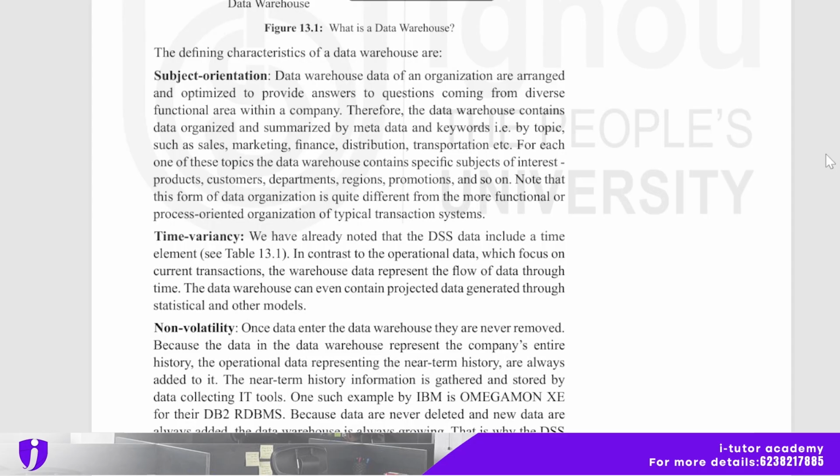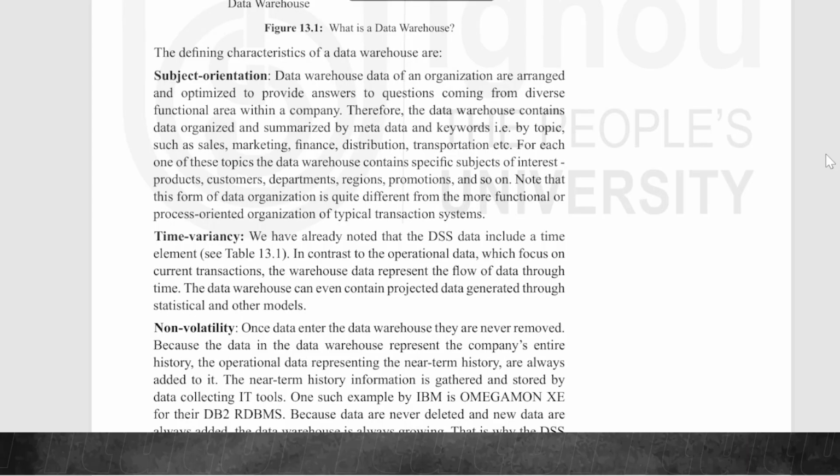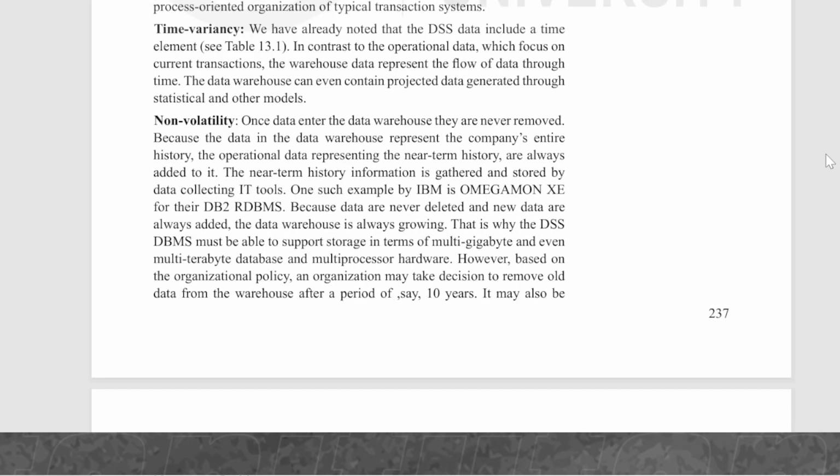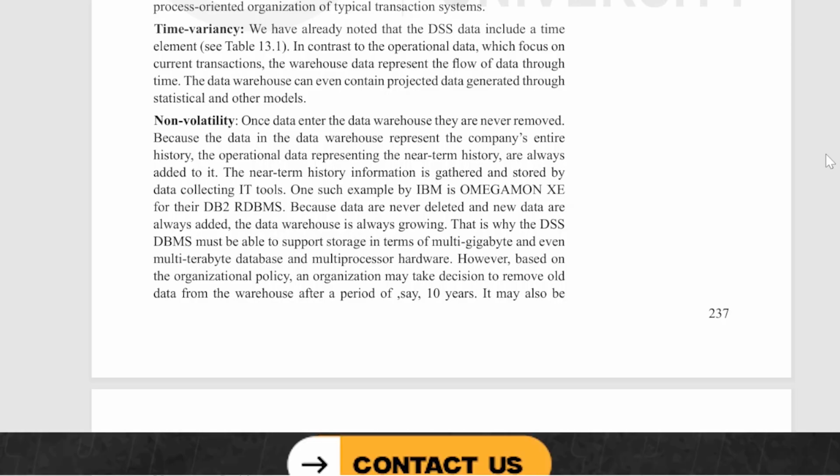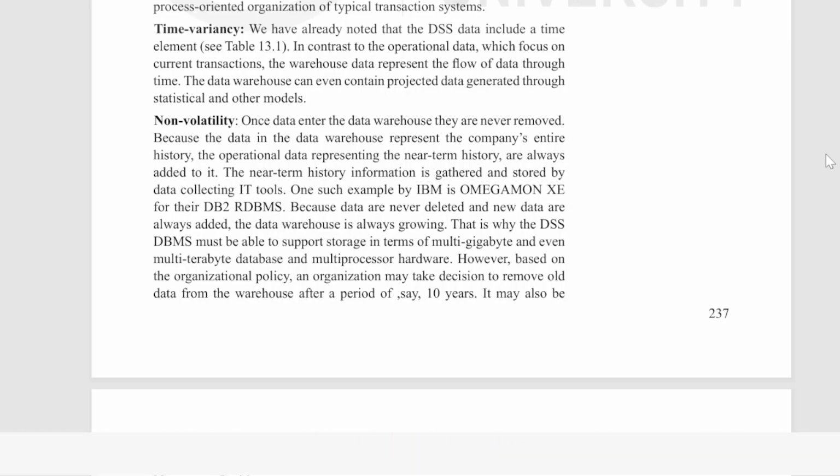And time variancy. We have already noted that the DSS data include a time element, and in contrast to the operational data, which focuses on current transactions, the warehouse data represent the flow of data through time. And non-volatility. Once data enter the data warehouse, they are never removed because the data in the data warehouse represent the company's entire history.